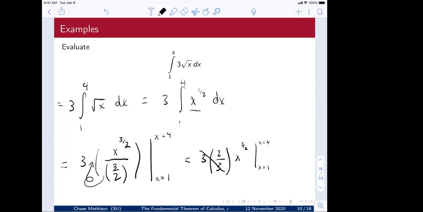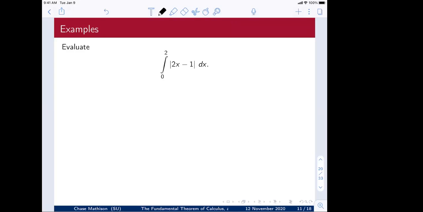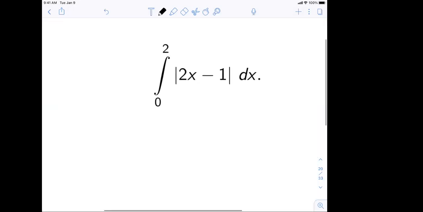Those aren't the only functions in the world, but they're definitely great for examples. So definitely get used to the power rule for integration, just like you got used to the power rule for differentiation. Okay. All right, evaluate the integral from 0 to 2 of the absolute value of 2x minus 1.